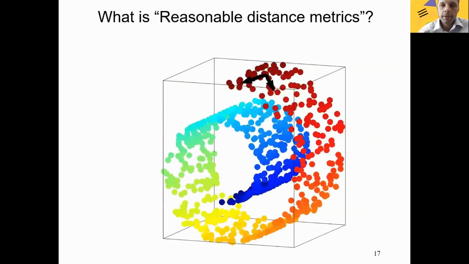Because we cannot see in high dimensions, let us assume that these 3-dimensional points here are actually images. So each point here is some image.